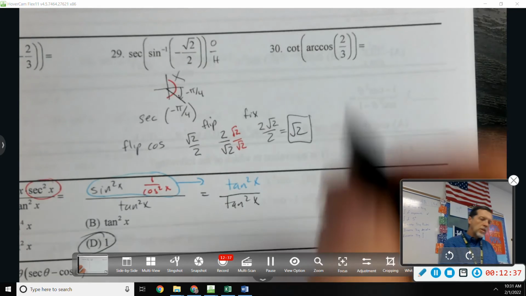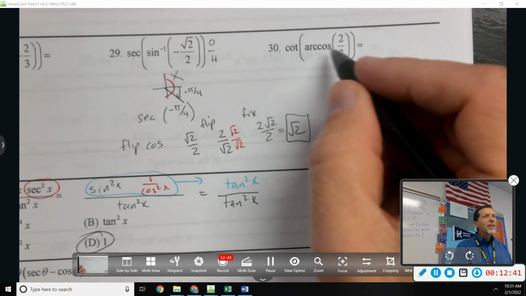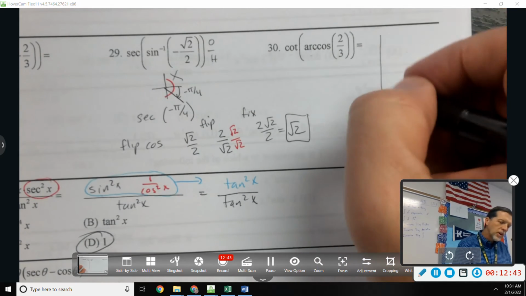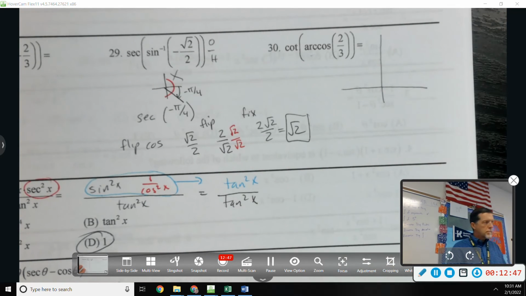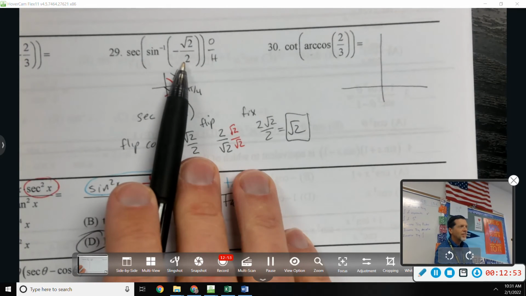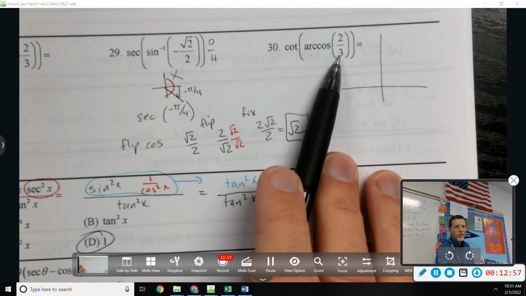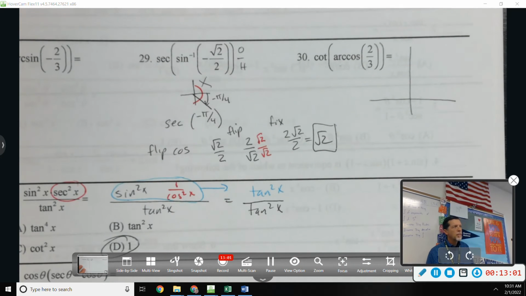Now, number 30, find an angle whose cosine is 2/3. Well, that's not a unit circle value, so I'm going to need to draw a picture for that one. Wait, so how do you know if it's a unit circle value or not? If you recognize it or not, basically, like root 2 over 2 is like, wait a minute, that's one of those unit circle answers. So 28 and 30 both aren't. Okay, 2/3, that's not a unit circle answer. So on the test, you're not going to be told to draw a picture.